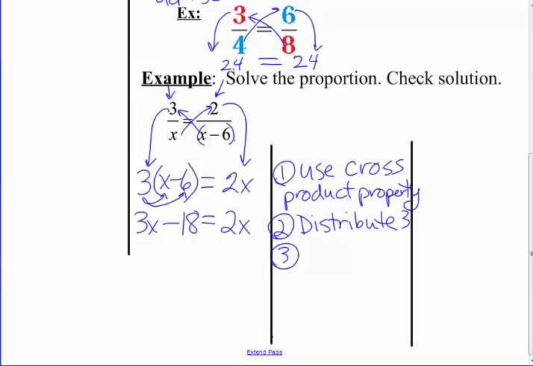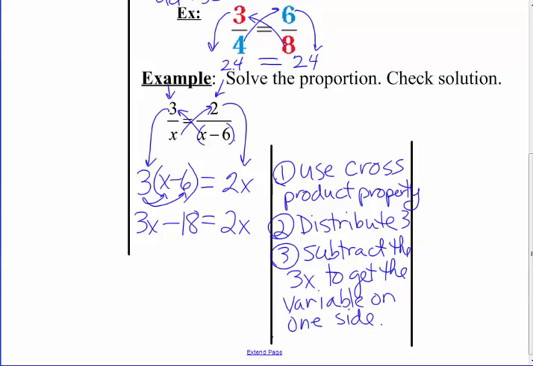Now notice we have x's on both sides of the equal sign, so we need to get the x on one side. I'm going to subtract the 3x to get the variable on one side. So minus the 3x, minus the 3x.